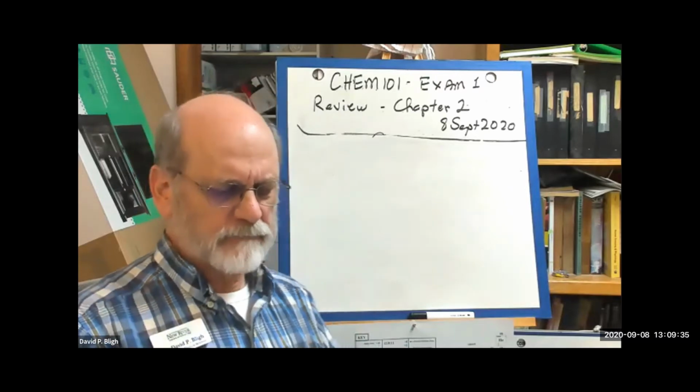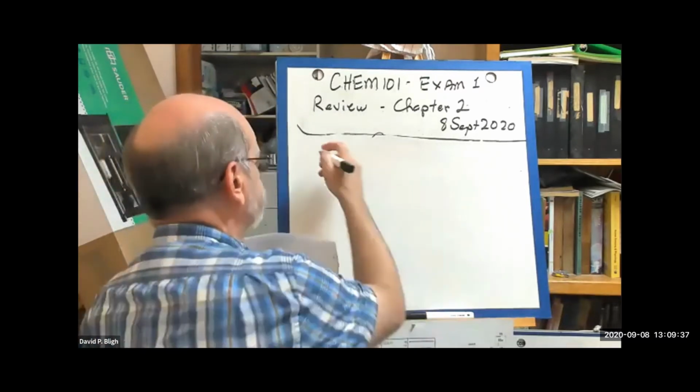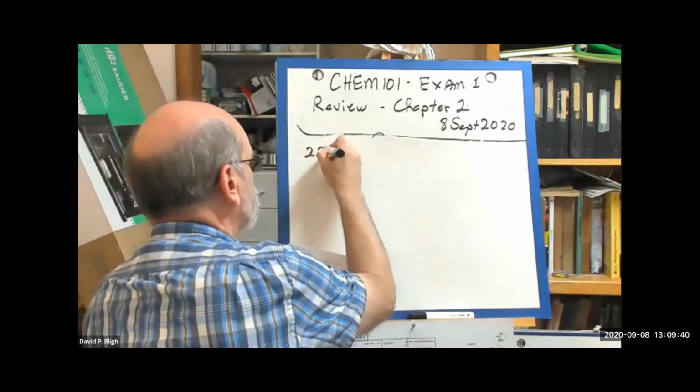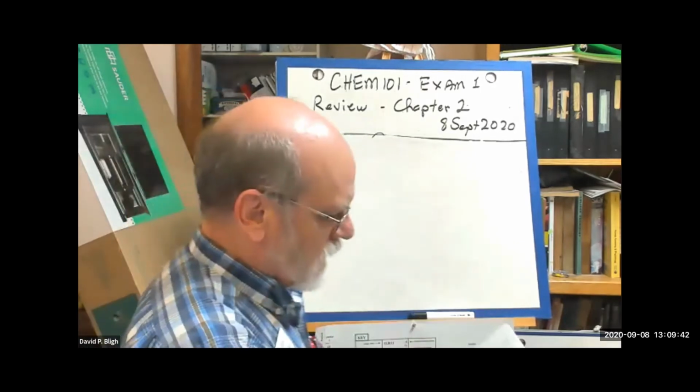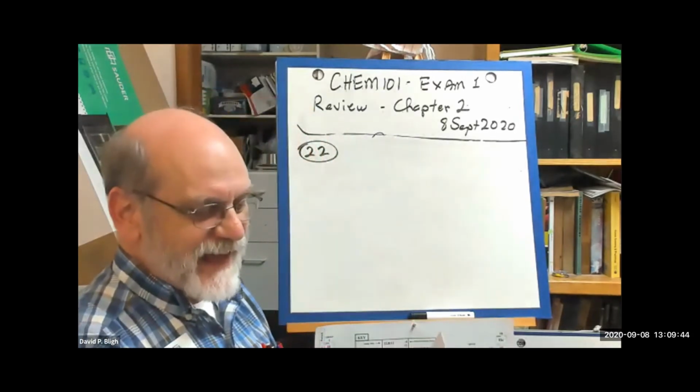Oh, here's a tricky one. 22. Which of the following represents a set of isotopes?